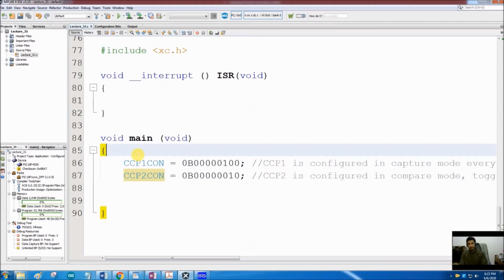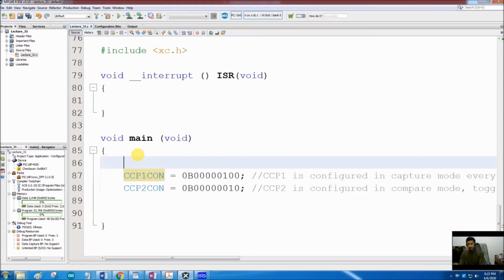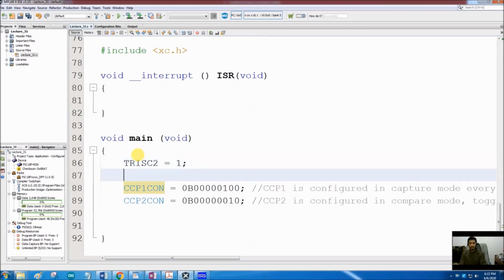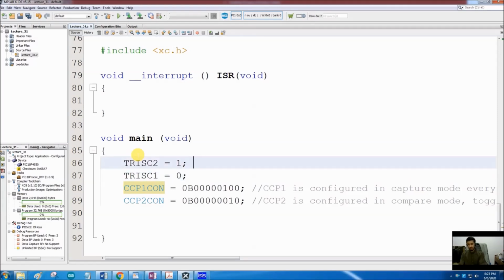So what we want to do is make TRISC2 equal to what? For CCP1, it has to be configured as input. So for input, we set the tri-state pin, and for TRISC1, we want to clear the pin.